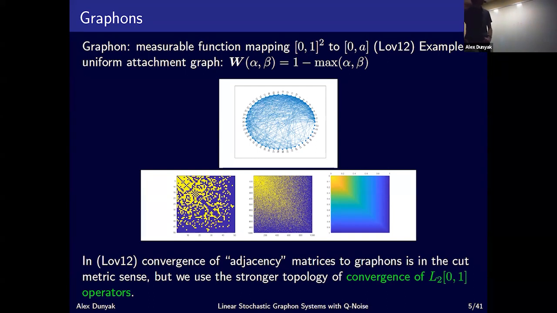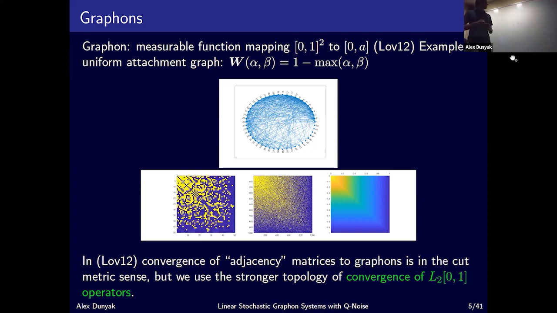Thousand node graph, which again has a complicated adjacency matrix.